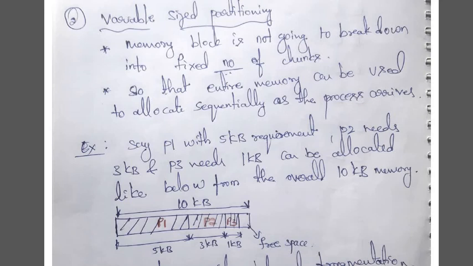We are not going to divide the entire memory into chunks, so that the entire memory can be allocated sequentially as processes arrive. Instead, we keep allocating the memory starting from the 0th byte as processes arrive, till we end up with complete memory usage. That is the basic idea behind variable-sized partitioning.